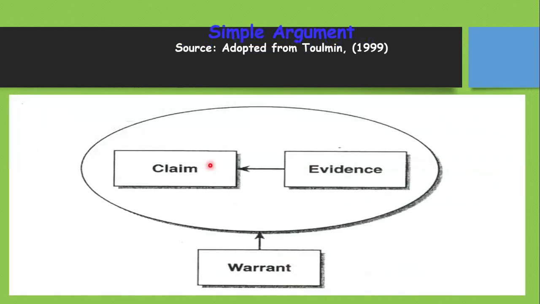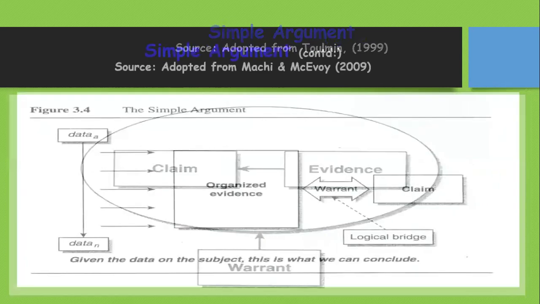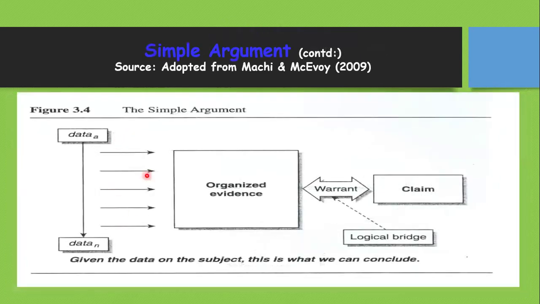So you need to provide a claim along with evidence, and you need to provide a warrant to make your argument strong. So a simple argument basically comes with data and organizational evidence, and a logical bridge between the evidence and the claim in order to complete your argument.